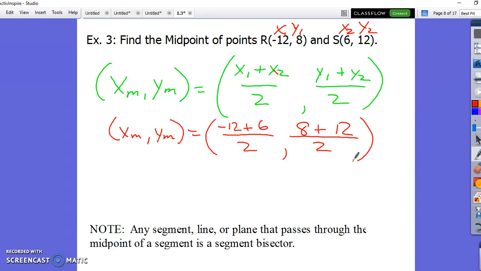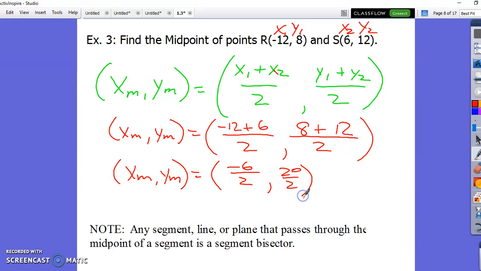Now we just simplify, right? xM, yM. All right, negative 12 plus 6 is negative 6 divided by 2. 8 plus 12 is 20. 20 divided by 2.